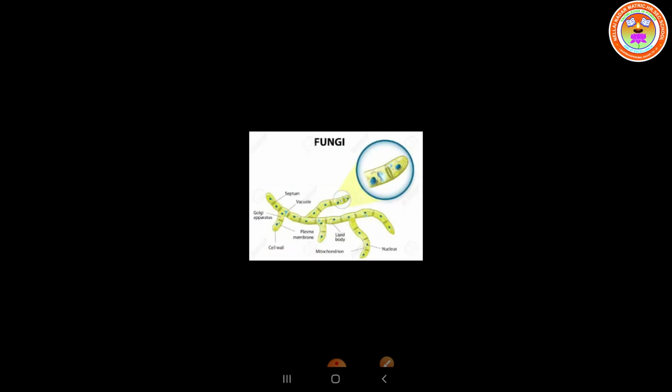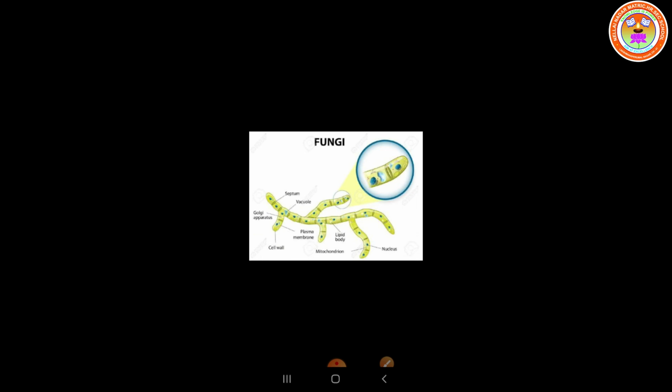The cell wall is made up of cellulose or chitin. The cytoplasm contains small vacuoles filled with cell sap. Nucleus, mitochondria, Golgi body, ribosomes and endoplasmic reticulum are all present in fungi.